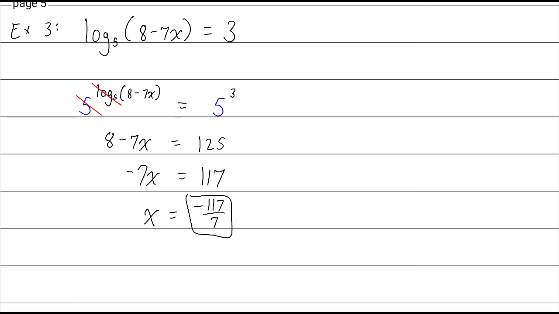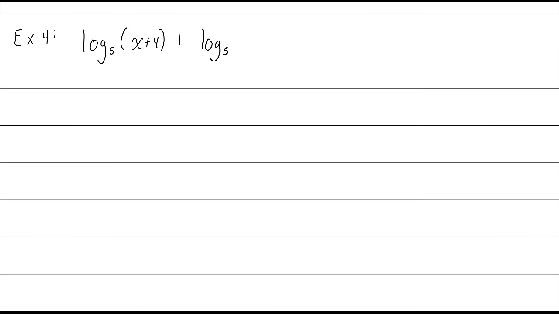Okay, one more example. Let's solve log base 5 of x plus 4 plus log base 5 of x minus 4 equals 2. I want to use the method that I just used a second ago, but I have 2 logarithms instead of 1.